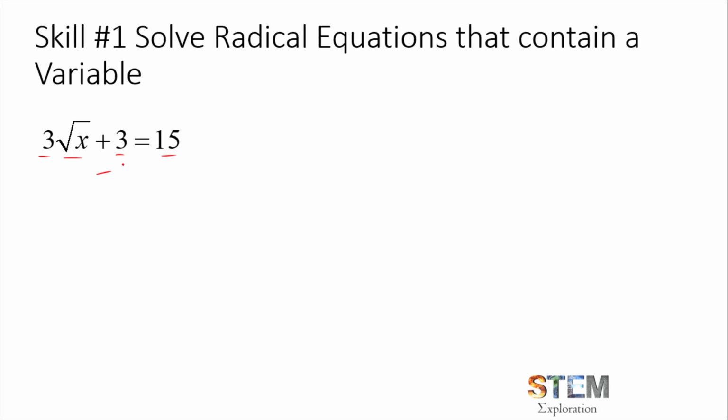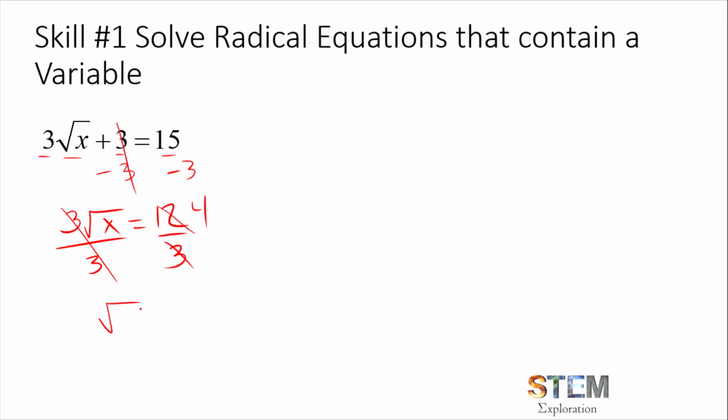For example, if you go -3 and simplify this out by canceling, you get 3 square roots of x equals 12. Then use the division property of equality to get the square root of x all by itself: 3 goes into 12 4 times, so the square root of x is equal to 4.